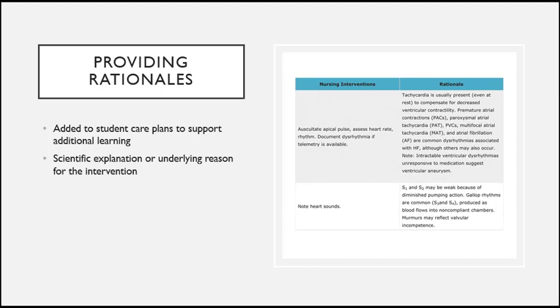So you're literally saying the reason I have to watch for this is because this patient's condition can lead to this occurring. So it's important that I watch for it. It's just kind of showing that you understand why you are doing what you are doing.